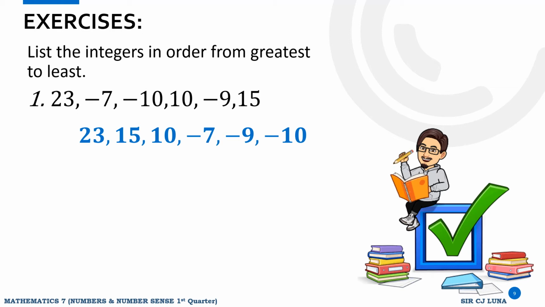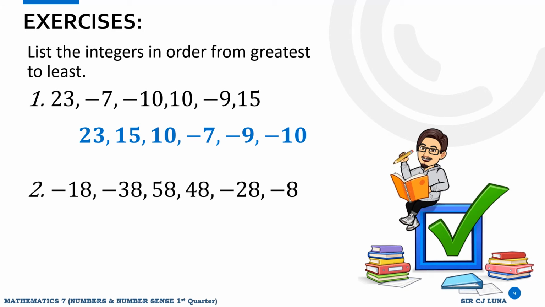Okay, good. Now, we have number 2. The given is negative 18, negative 38, positive 58, positive 48, negative 28, and negative 8. Okay, gawin nyo na ngayon. Okay, tama. Tama ang sagot nyo.